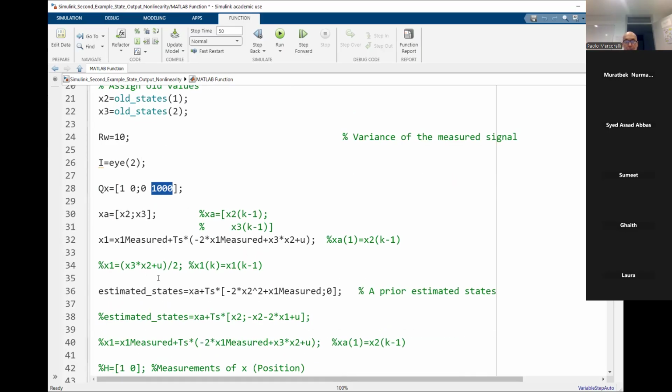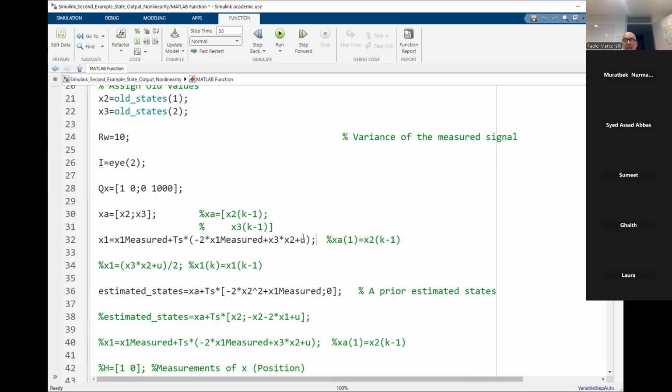x3 of k equals x3 of k minus 1. Exactly. Yes, we have a comment. I see here. Excuse me.